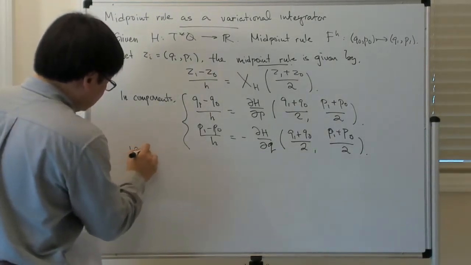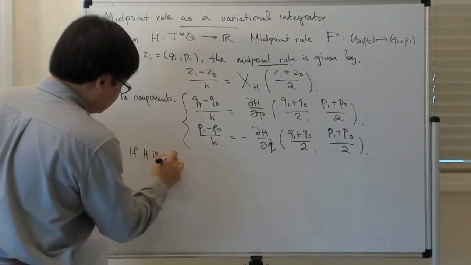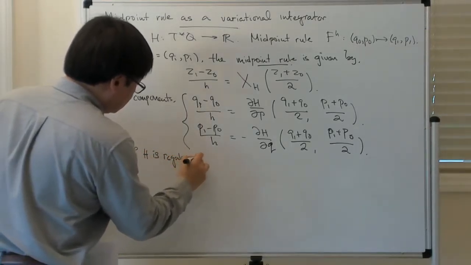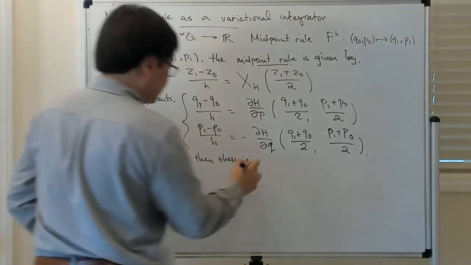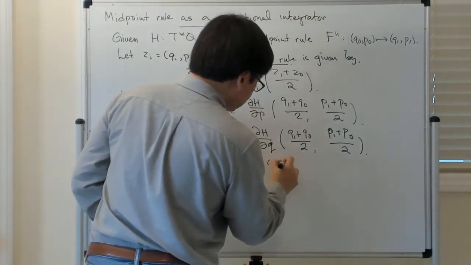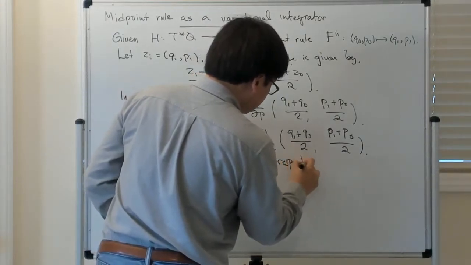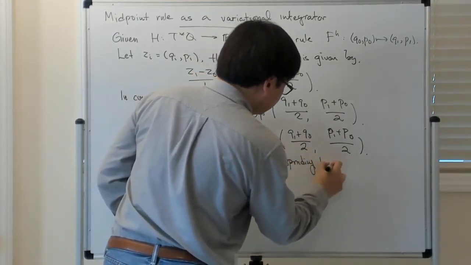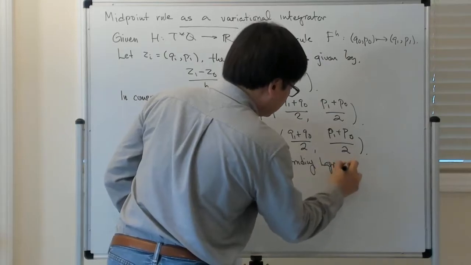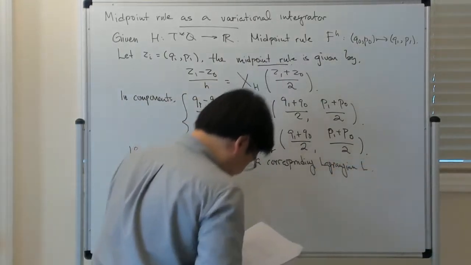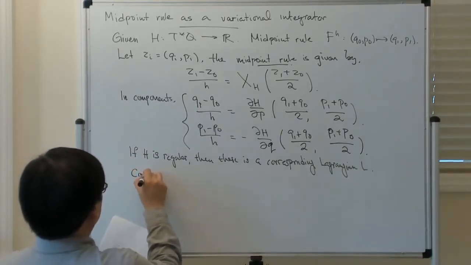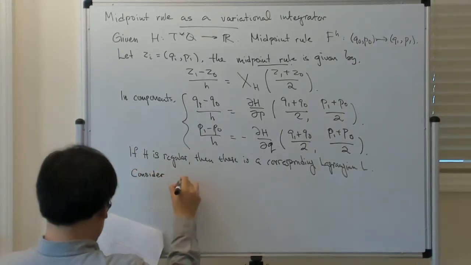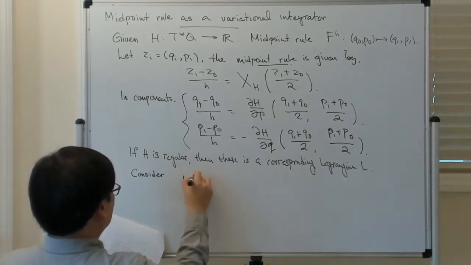If H is regular, then there is a corresponding Lagrangian. Let's call that L. Okay, and you can consider the following discrete Lagrangian. I'm going to call this L_D^{1/2}.